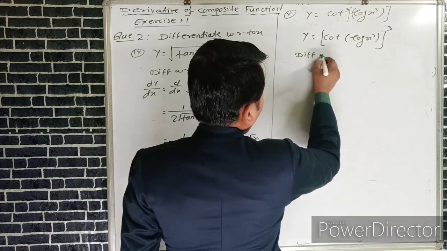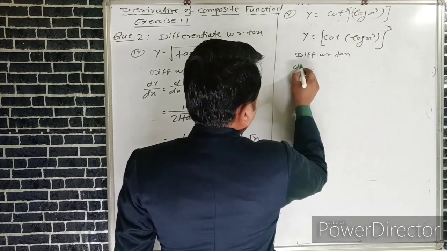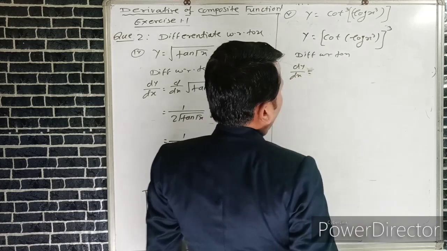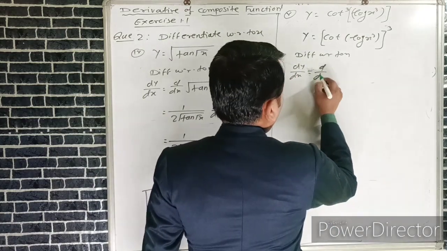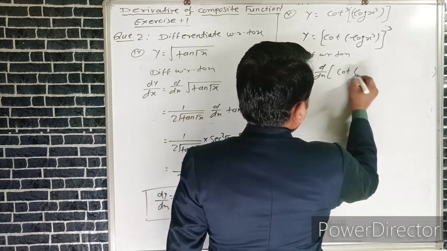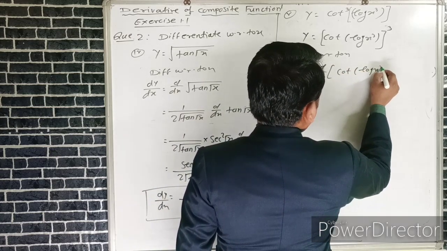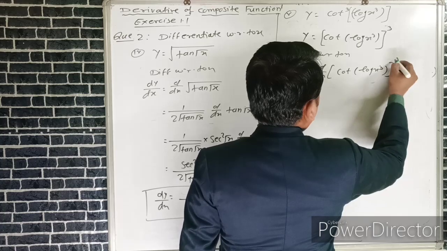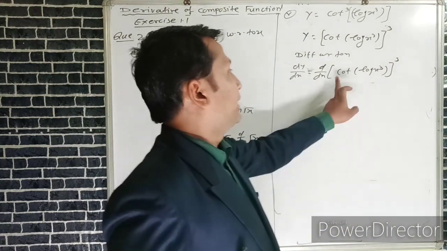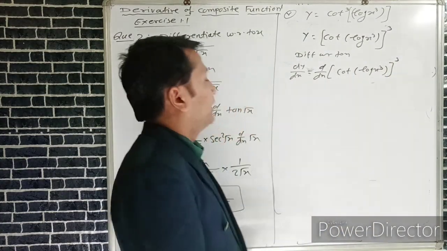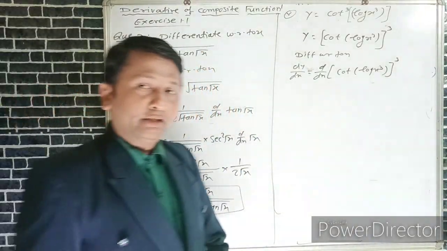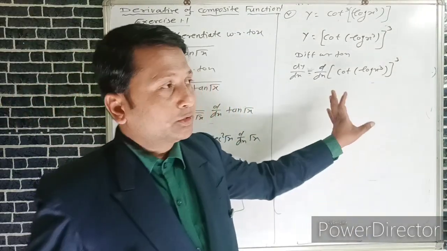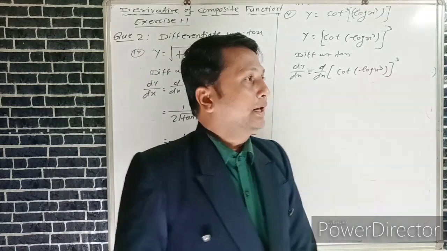After differentiating with respect to x, we can apply here the derivative of f of x, meaning cot of log of x cube whole raised to the power 3, of the form x raised to the power n. And we know that the derivative of f of x raised to the power n is equal to n into f of x raised to the power n minus 1 into again the derivative of f of x.